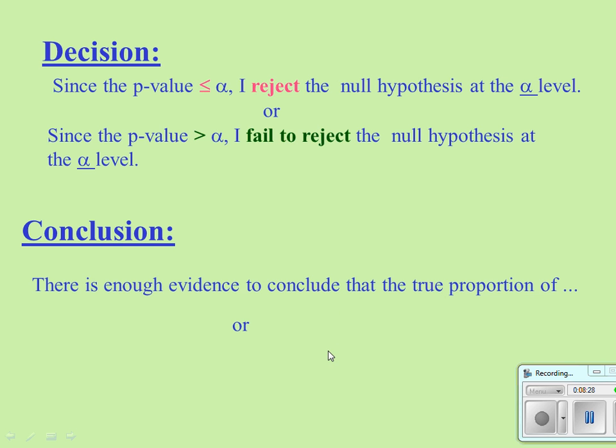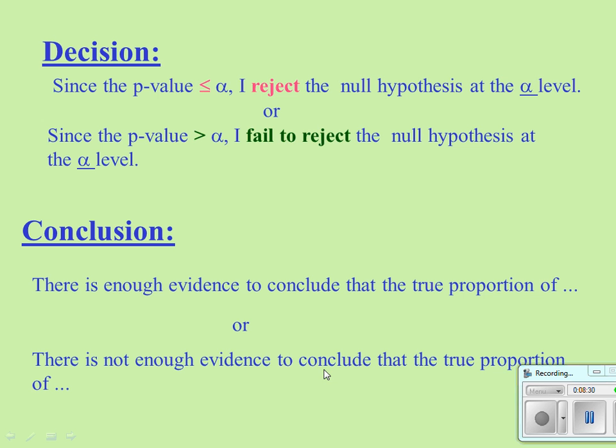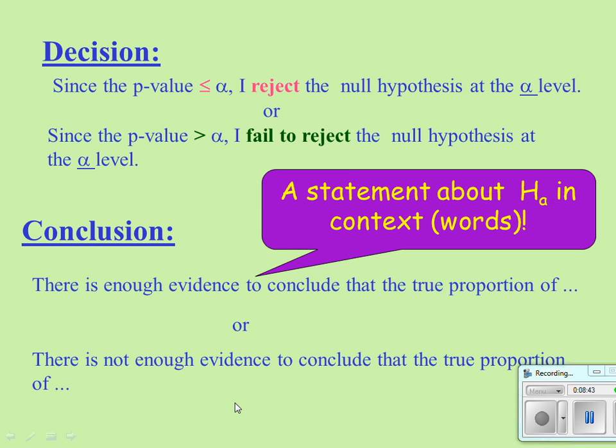And likewise, when your p-value is greater, there is not enough evidence, because you failed to reject. There's not enough evidence to conclude that the true proportion of blah, blah, blah. Don't forget, the conclusion must be written in terms of your alternative hypothesis.